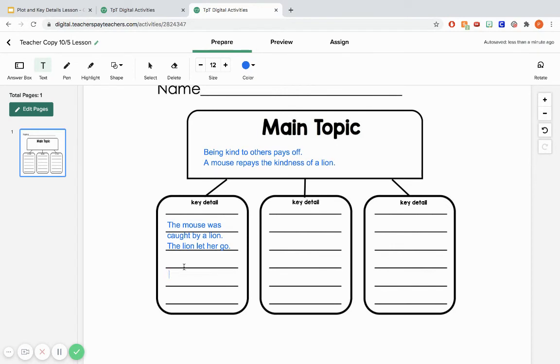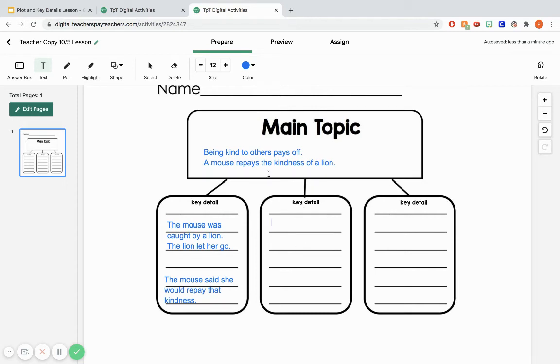And then another thing we need to think about is that the mouse said she would repay that kindness. So I put two details in one box.